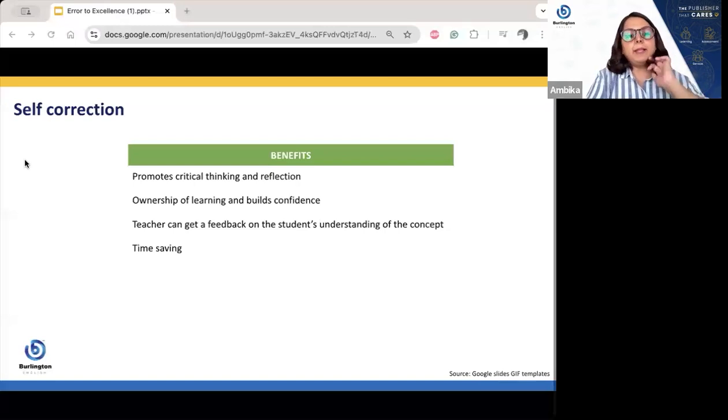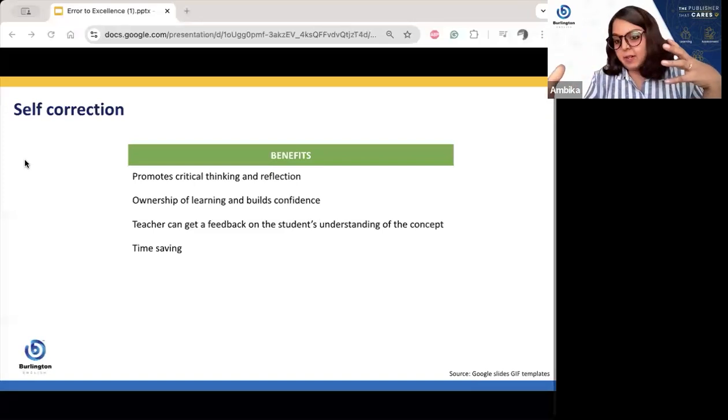Yes, yes. But I think one of the main advantages of this is you are enabling your students to change or correct themselves from a very, very young age. Whenever they see an error, once you guide them with the rules, then they know where to fall back, how to correct it.